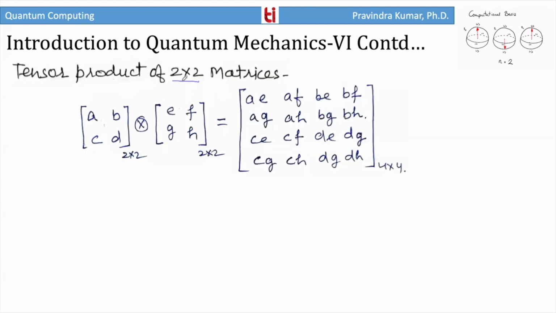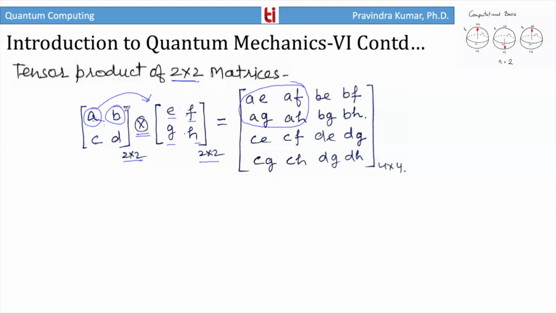Now the tensor product of 2 by 2 matrices. If I have a matrix of size 2 by 2, A, B, C, D, and another matrix of size 2 by 2, E, F, G, H, we will take the tensor product of these. Here the first element is multiplied with this matrix, so I get AE, AF, AG, and AH, these four elements.